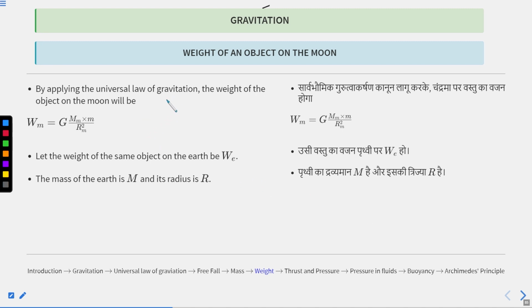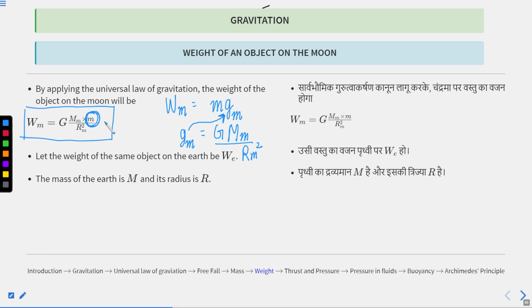We know that weight on the moon will be mass into gravitational acceleration of the moon, and the gravitational acceleration of the moon will be capital G, mass of moon divided by radius of moon squared. We will put the value of gm in this equation. Wm will be equal to G Mm divided by Rm square into small m, which is the mass of the object.